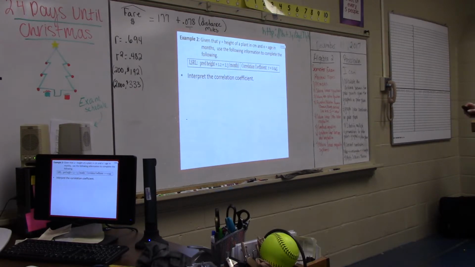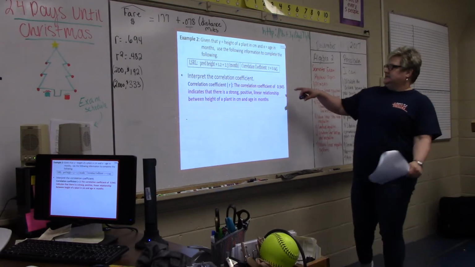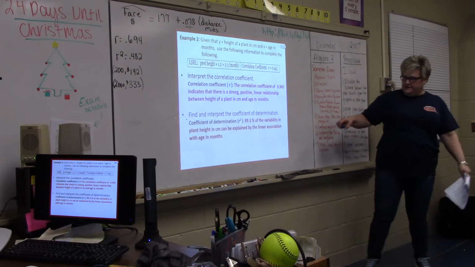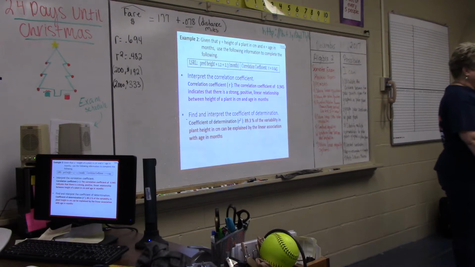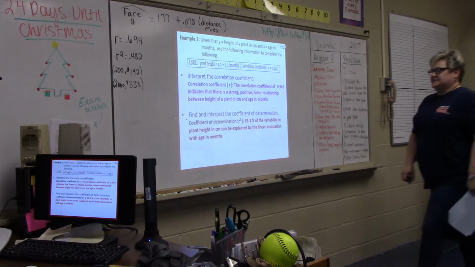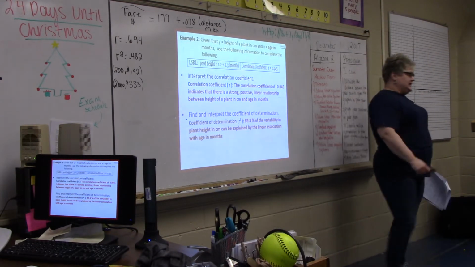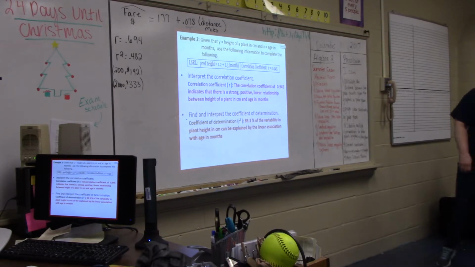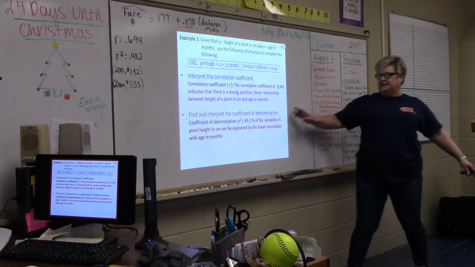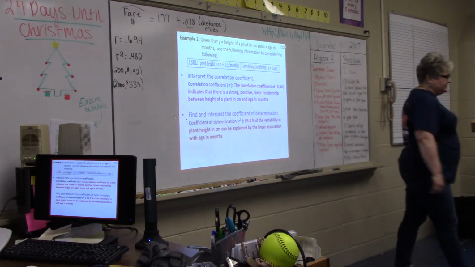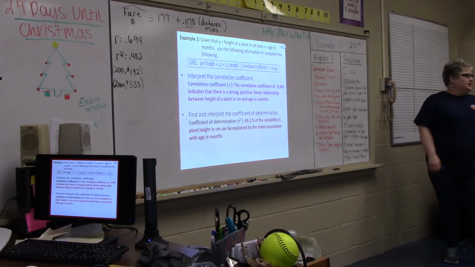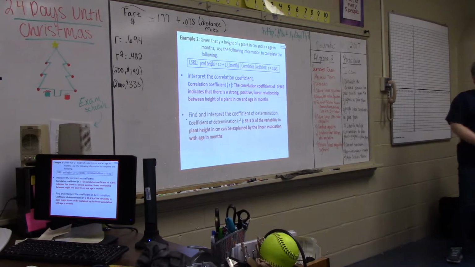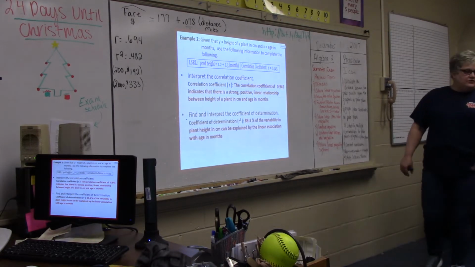The coefficient of determination is R squared, and R squared is 0.893. And so 89.3% of the variability in plant height in centimeters can be explained by the linear association with age in months. That's what they're looking for every time. You just got to know those sentences.